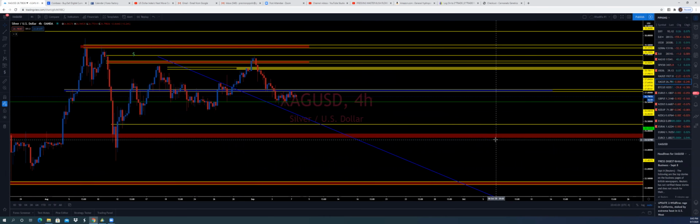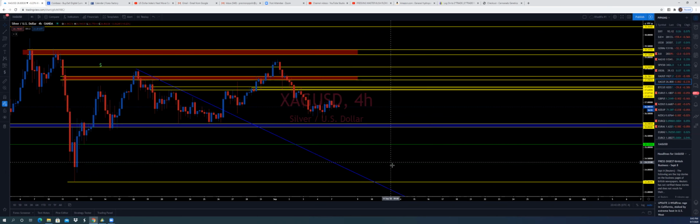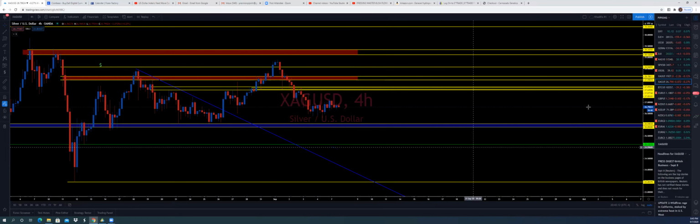Looking at silver, I want to see silver come back down and retest 26.4 and 28.89 zone here.